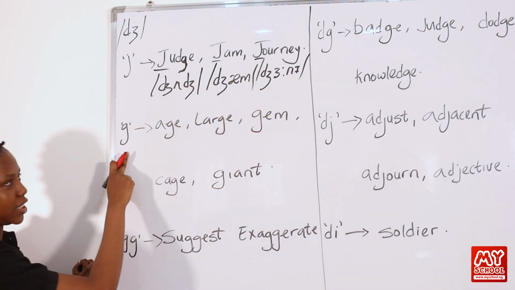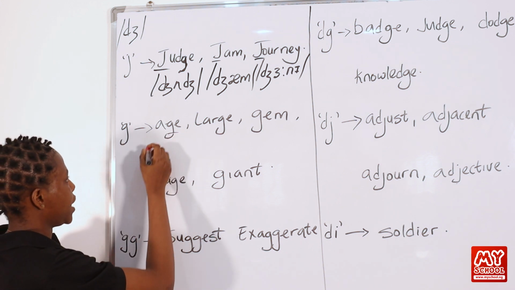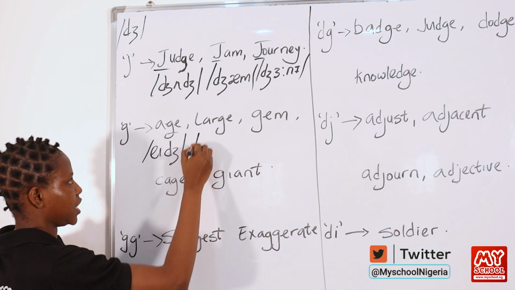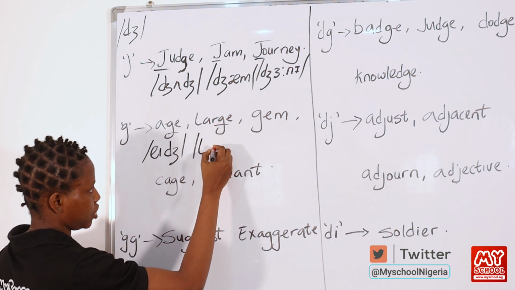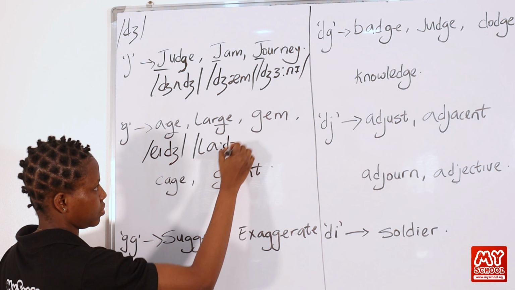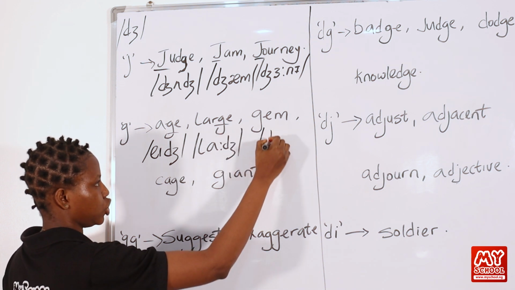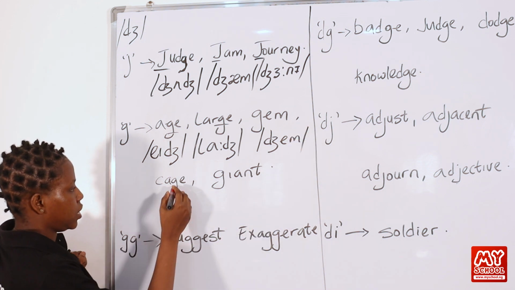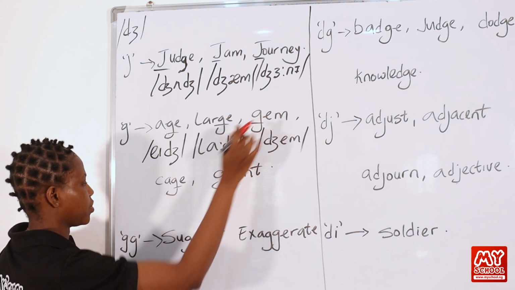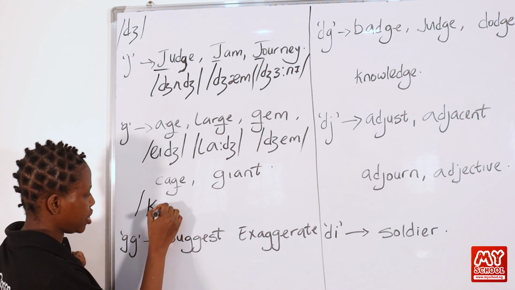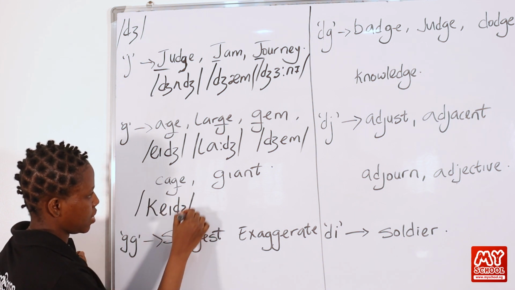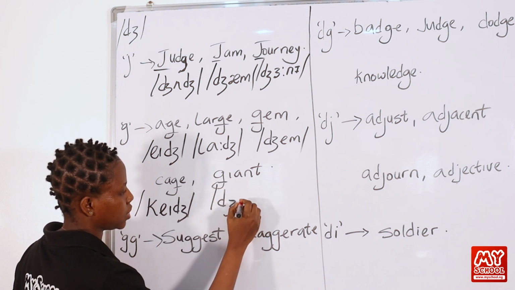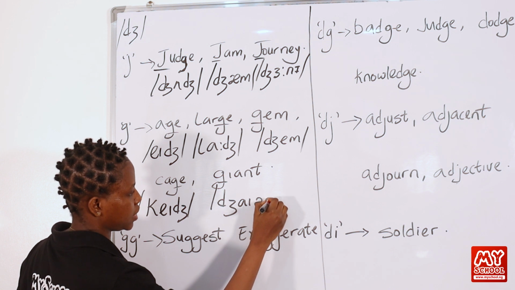So the next is letter G in the word age. Next is large. Next is gem. Next is cage. Next is giant.